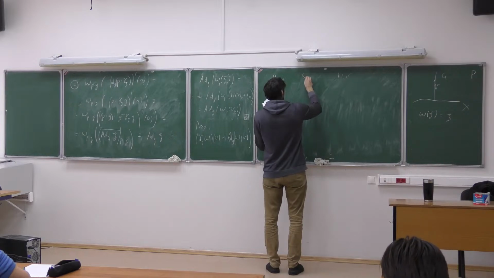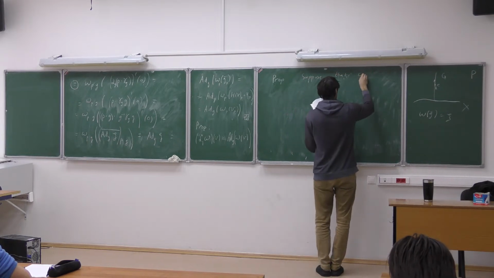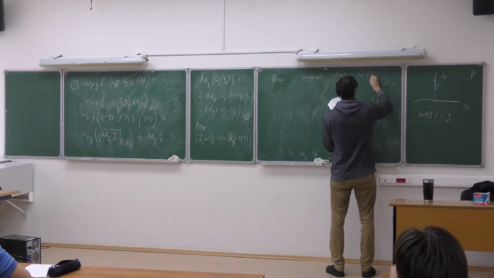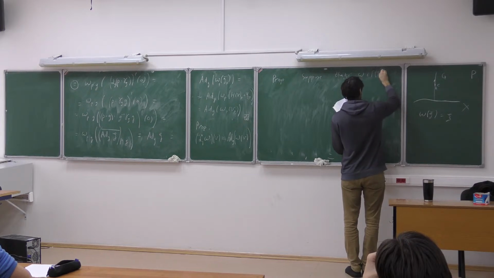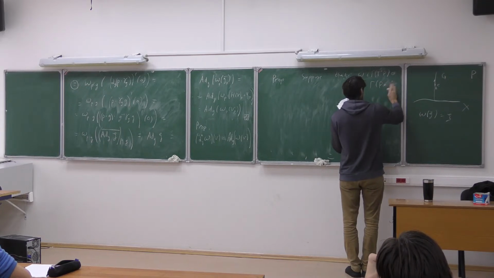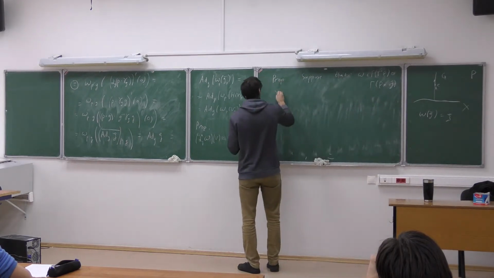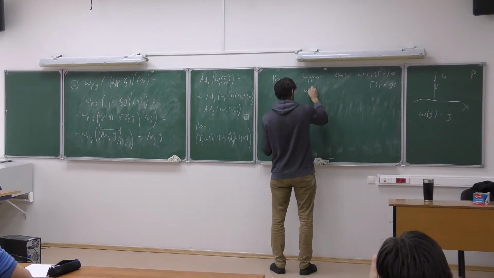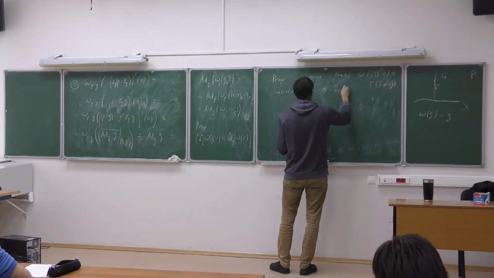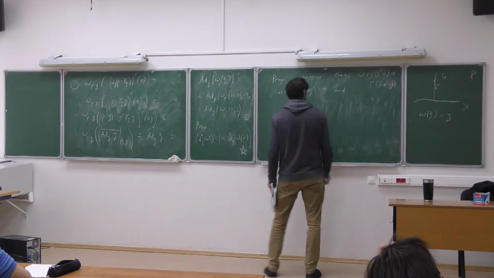Suppose that omega, well, this is a section in here, sorry, T star P tensor the Lie algebra of G, satisfies omega of psi bar is psi, and this relation I will denote by star.